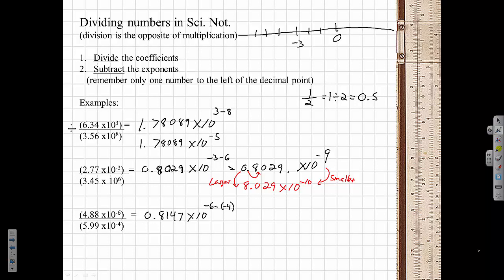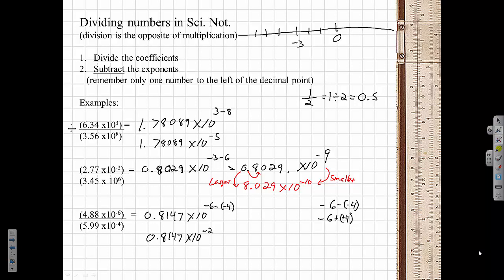So remember when you were a kid and your mom taught you that 2 wrongs don't equal a right, but then you went into math class and they said 2 negatives equal a positive. So I could rewrite this: negative 6 minus a negative 4 is the same as negative 6 plus a positive 4. Right? So we get 0.8147 times 10 to the what? Negative 6 plus a positive 4 is going to get us to a negative 2.